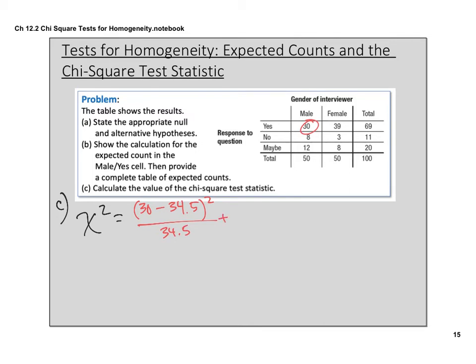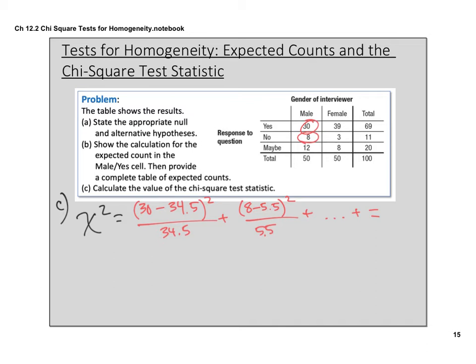If I do the next one down, that one was 5.5, so I'd have 8 minus 5.5 squared divided by 5.5. Now here's where you can put your ellipsis in, plus, and get the whole chi-square test statistic at the end. Here's where you're also going to be able to put this into your calculator.